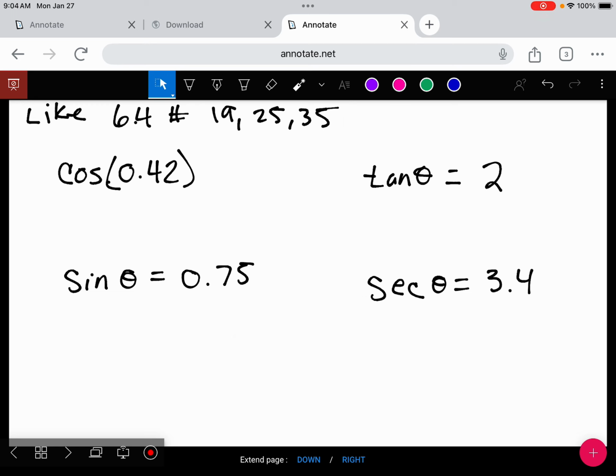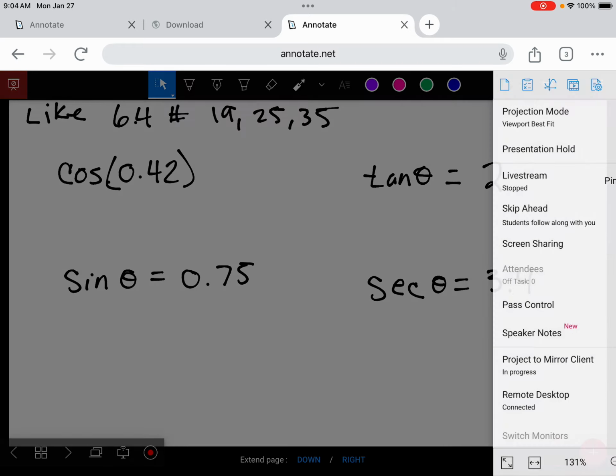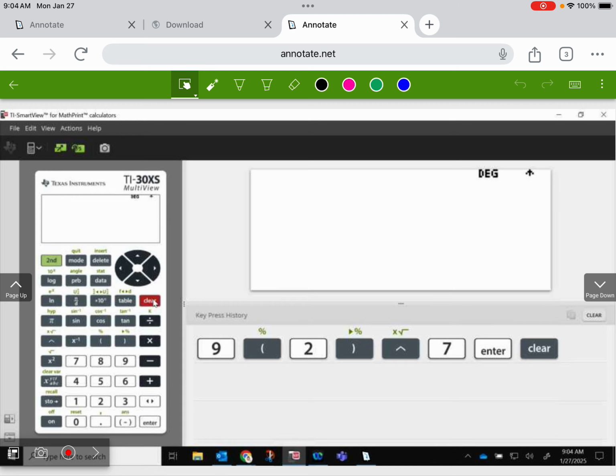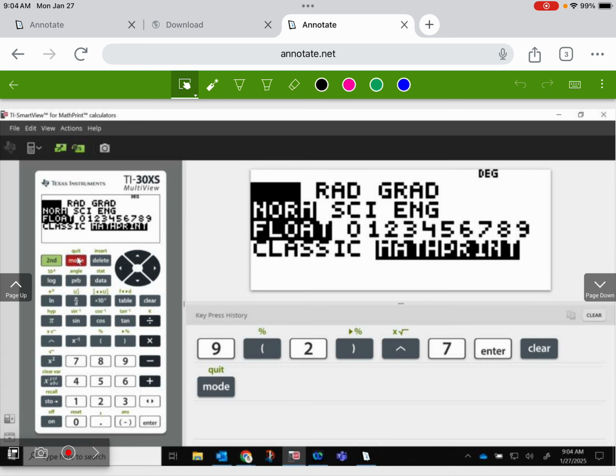Okay. So if we're looking for cosine of 0.42, in our calculator we need to make sure we're in radian mode. Right now, this is in degrees. You can see it by the little DEG up there. So we go to mode, which is the top center button, and then you need to get over to radians.